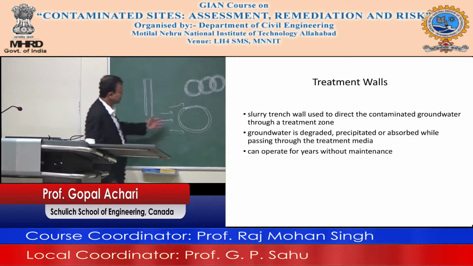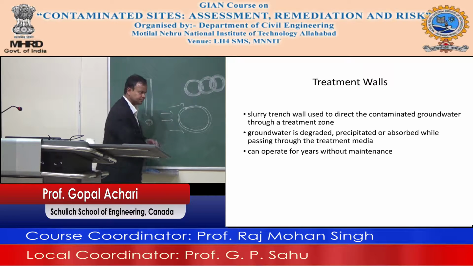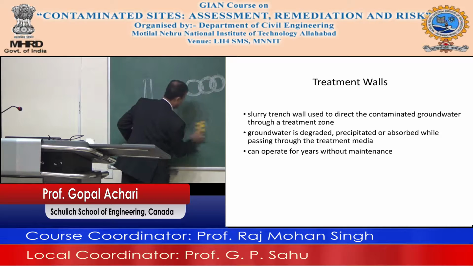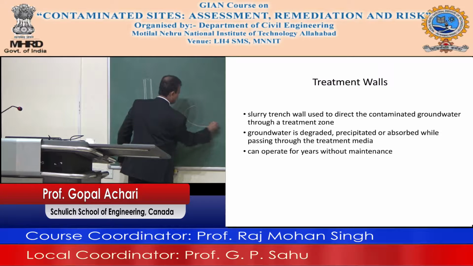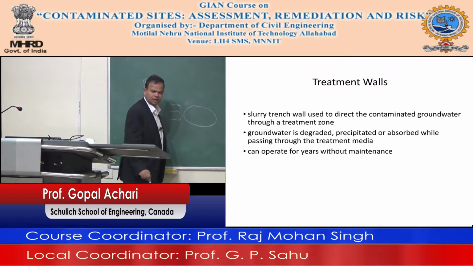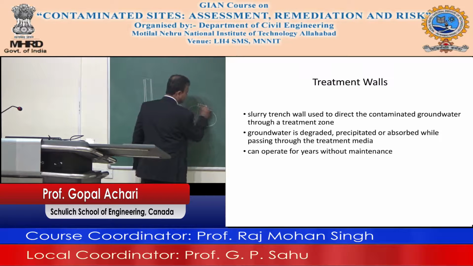Remember, if you want to treat the water that's coming here, you may choose to put a barrier. So let's say this is my contaminated site, but I know the groundwater is flowing in this direction. How do I treat the groundwater? Well, maybe I can put a wall here like that and another wall here like this.